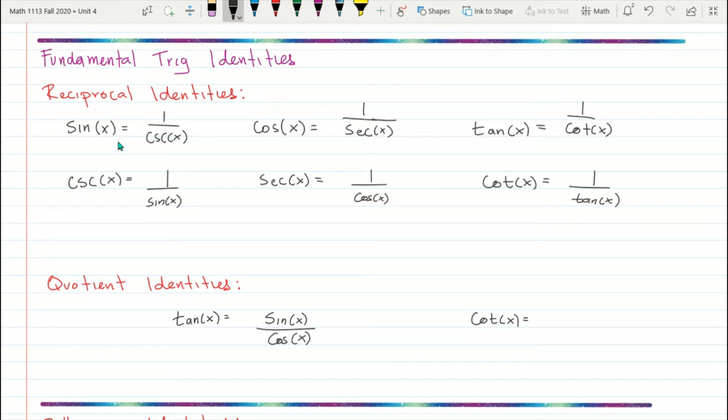So you can rewrite sine over cosine as tangent by itself, or if ever you have a tangent in your expression you're trying to simplify, you can rewrite it as sine over cosine. Cotangent, being a reciprocal of tangent, is just the flipped version of it. So cosine over sine is the same thing as cotangent of x.